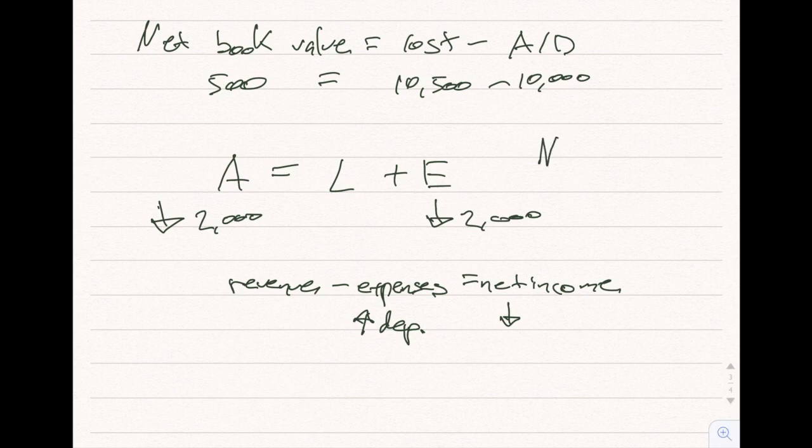And the relationship between the income statement and the balance sheet is this. Net income is linked to retained earnings. Retained earnings is a summary of your net income, so your profit or your losses over the years. And retained earnings is a big part of equity, which is this right here. So as you can see, it all checks out, which is how you know you've done a good job.